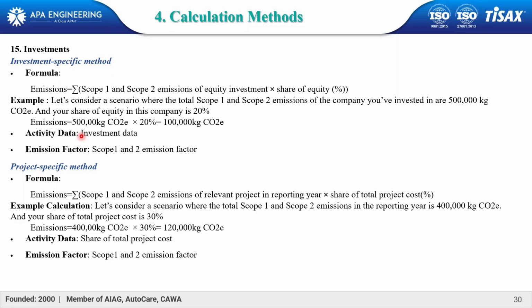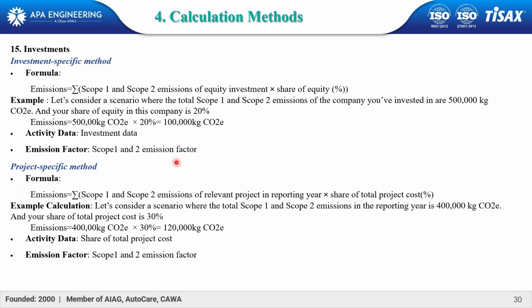Let's consider a scenario where the total scope 1 and 2 emission of the company you have invested in is 500,000 kgs of carbon dioxide, and your share of equity in the company is 20%. So the emission would be the total scope 1 and 2 emission of the company into their equity share. So it will be 100,000 kgs of carbon dioxide emitted in this case.